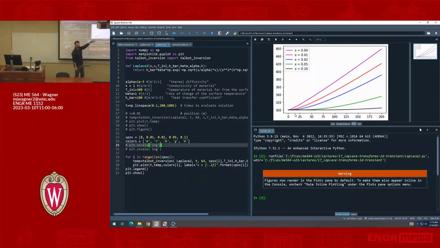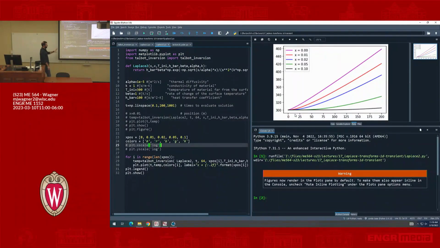We would expect that, since the T infinity is going up linearly, so eventually we'd expect the temperature to follow along linearly on the surface. But then we see this delay, and we'd expect the delay as you go further in, since it takes longer for the material to respond. So it makes sense what we're looking at here. This is temperature as a function of time. Laplace inverse using the Talbot inversion is happy to deal with this.